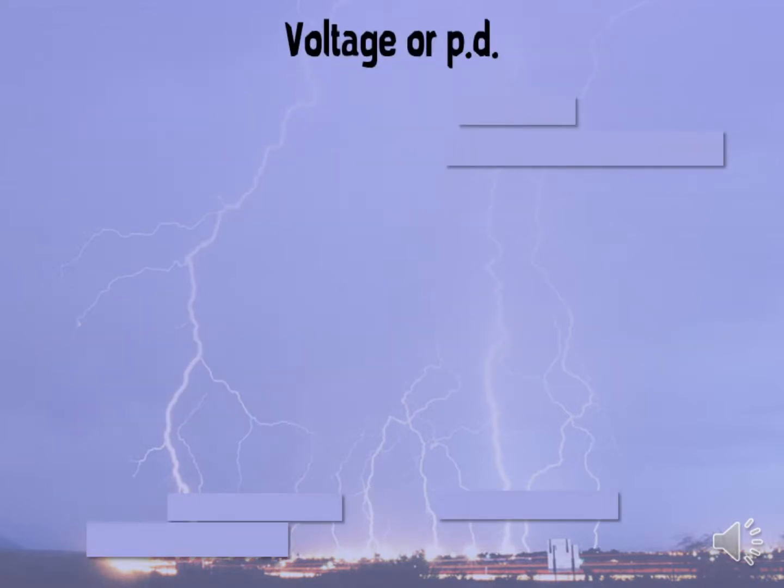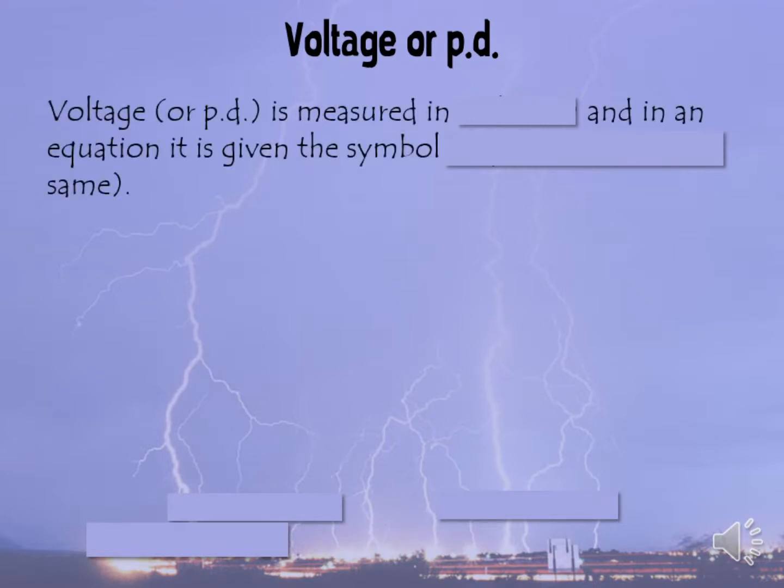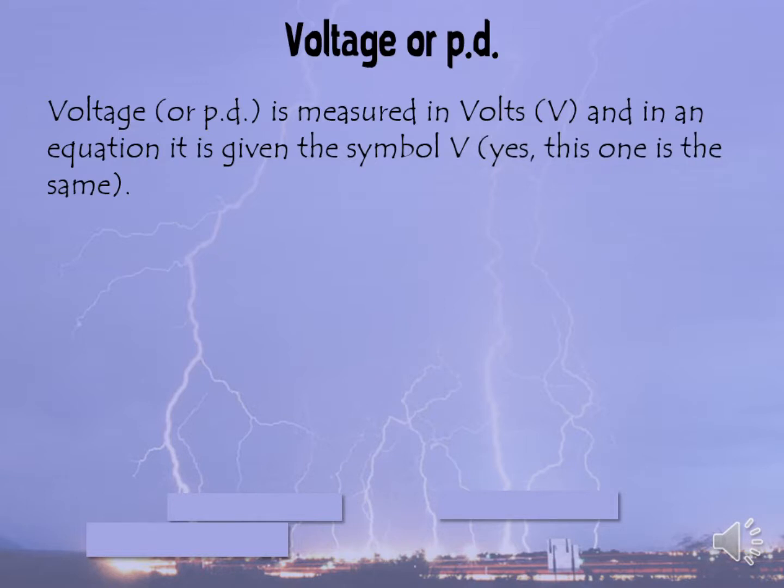So let's look at voltage, or PD, again. It's measured in, as we saw, volts, and in an equation the symbol we will use for voltage is going to be V. Yes, it's exactly the same. This is not always the case, as we've seen with charge, represented as Q in an equation and measured in coulombs, C. But with volts, it's the same unit.